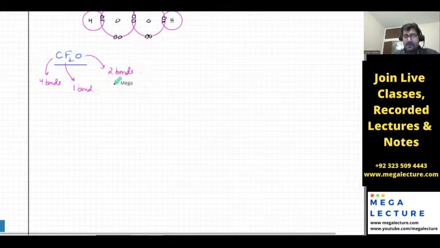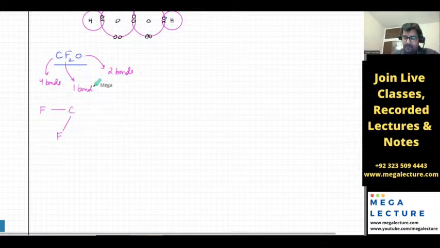So I've got 1 carbon, 2 fluorines, and 1 oxygen. So 1 carbon, remember it's going to make 4 bonds. So I'm going to put fluorines next to it. Fluorine makes only 1 bond. Let's say there's another fluorine, that fluorine would also make 1 bond.